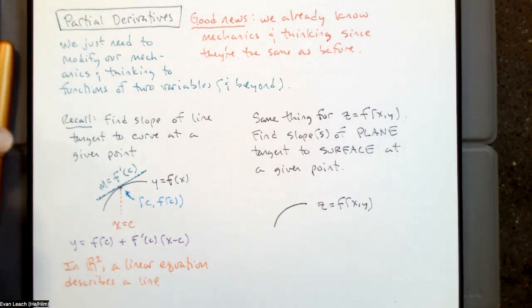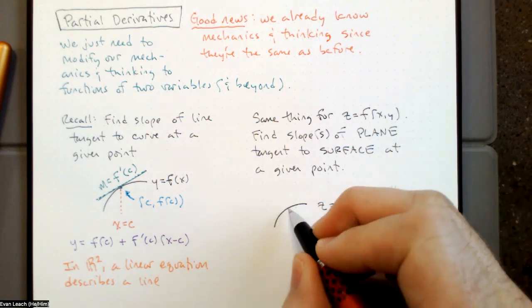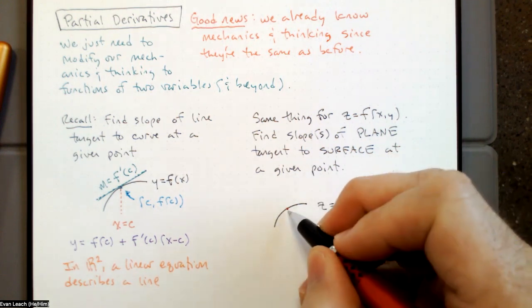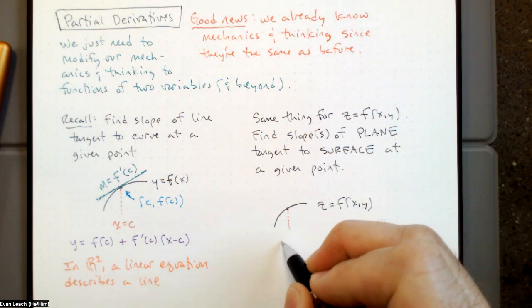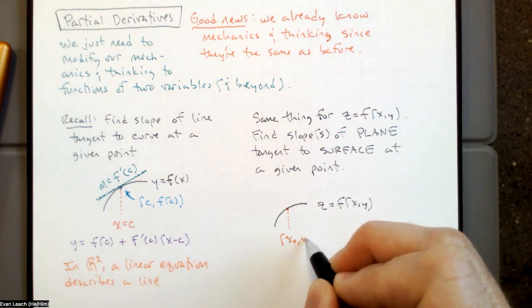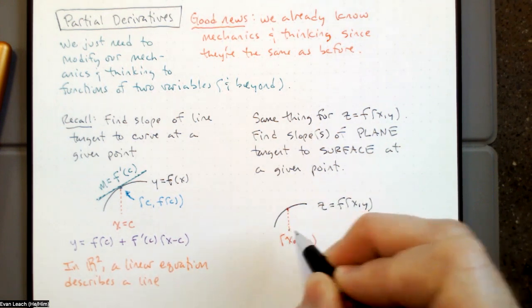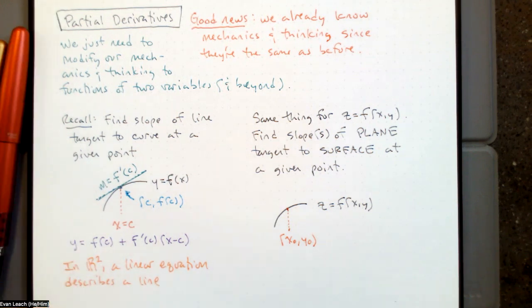We're going to pick a point on the surface since it's described as a function. I'll just label this point x naught, y naught. And z is the height above that point.